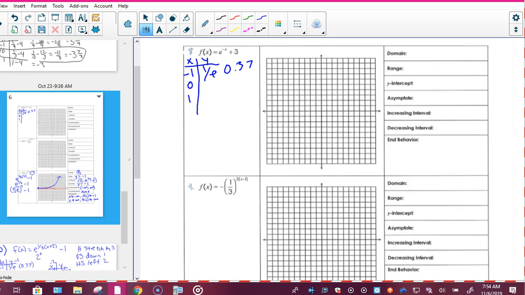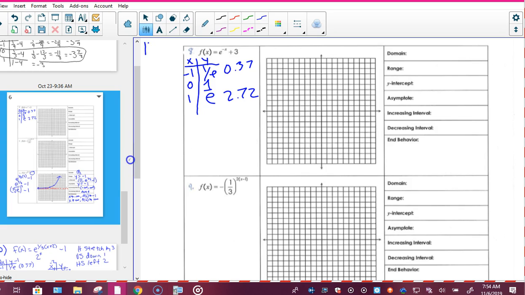You'd have 1 and e, which you just need to know is 2.72. And then you could apply your transformations if this is the way you're doing this. We have 1 horizontal and 1 vertical, so I'm going to write that off to the side.